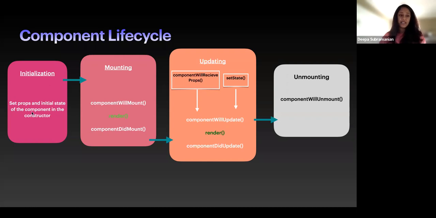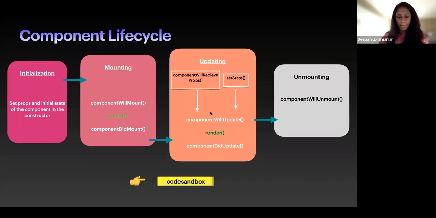For initialization, you set the props and the initial state of the component inside the constructor, like I showed you in the class component. Then you call one of these methods for mounting, and you can also use update. And once you're done, you can unmount it as well.